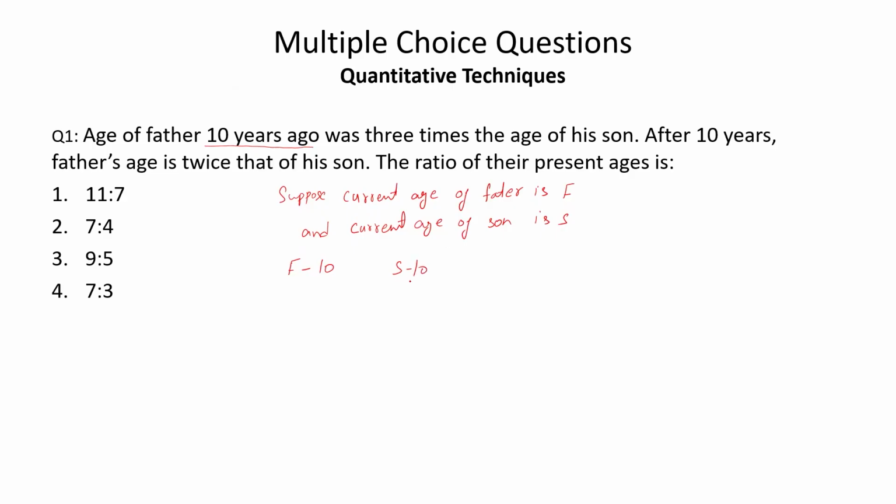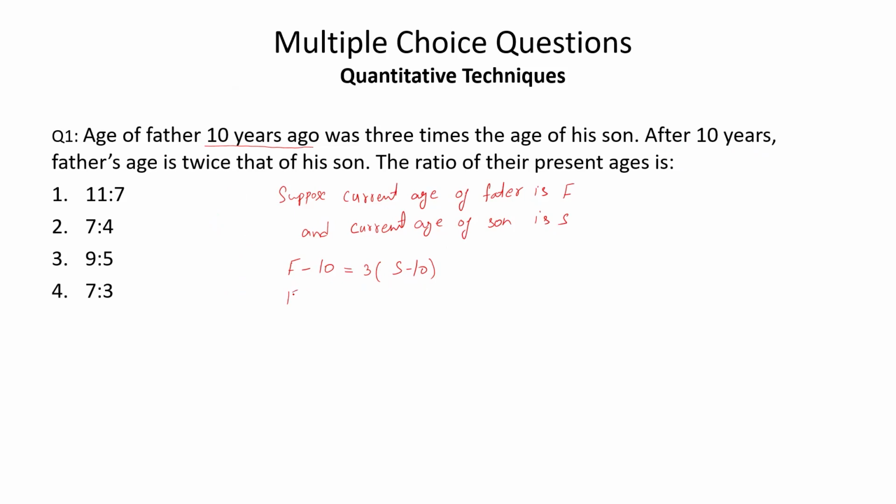At this moment, what was the situation? 10 years ago, the father's age was 3 times the age of his son. The father's age 10 years ago must be F minus 10. So F minus 10 is equal to 3 times (S minus 10), because 10 years ago the father's age was 3 times the son's age. But what happened after 10 years?